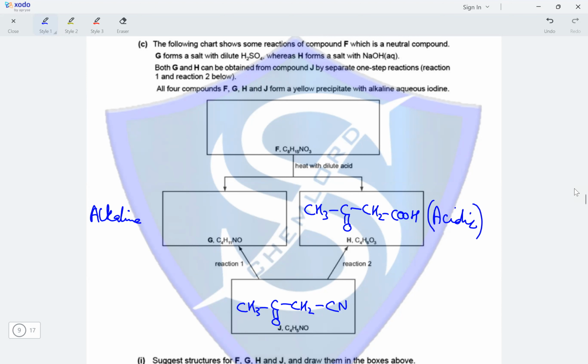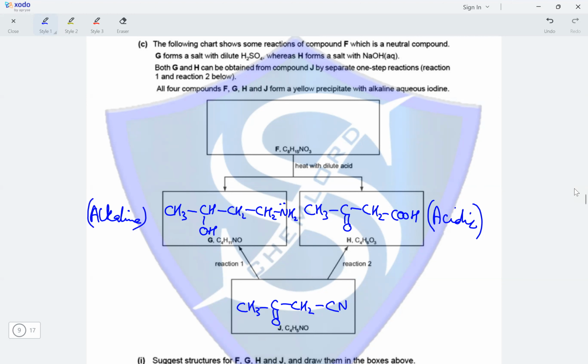And G is CH3 C double bond O. In fact, if it is being reduced, then C double bond O also undergoes reduction and it is reduced to a secondary alcohol. So this will be OH and this C will have a hydrogen attached to it. We have a CH2, we have an additional CH2 from CN and the N becomes NH2, making this an alkaline compound, an amine.